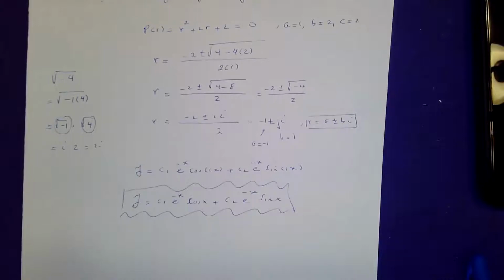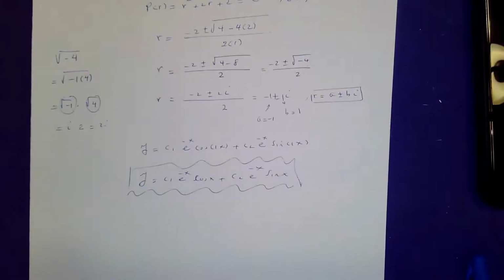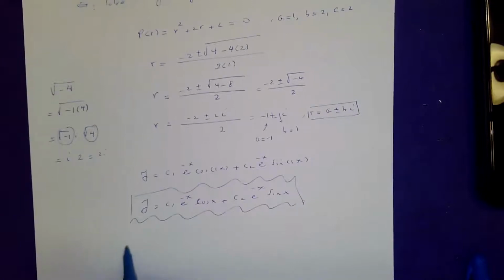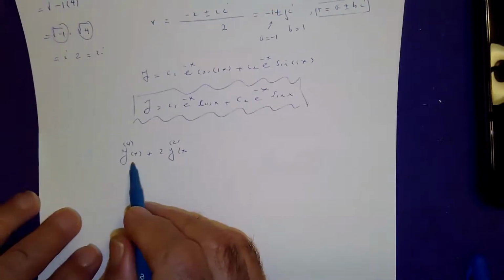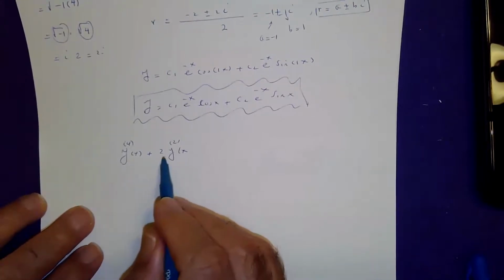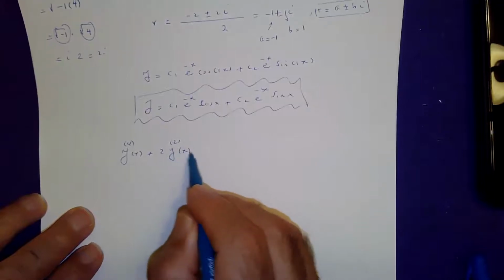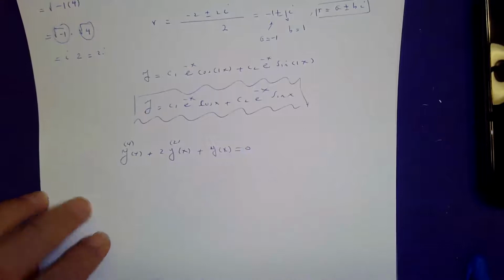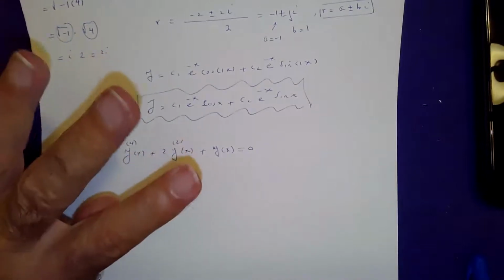Yes, are we okay? Is it possible that we may have repeated complex roots? Oh, yes. How? Suppose you got the fourth derivative of y of x plus 2 times the second derivative of y plus y is equal to 0. This is fourth order. I need 4 solutions.